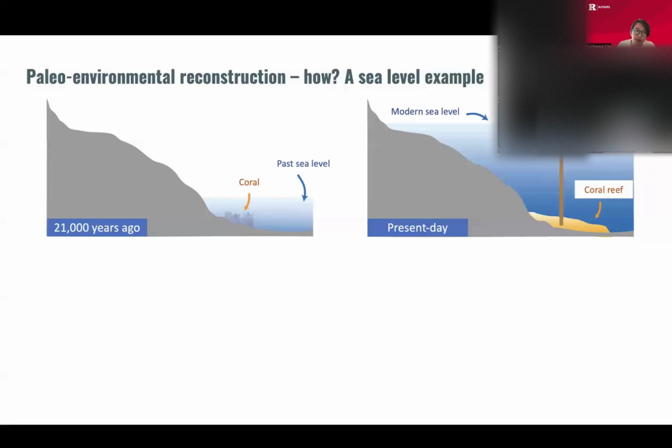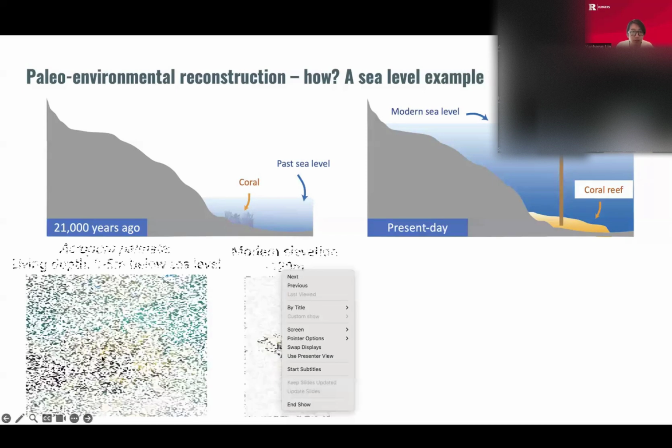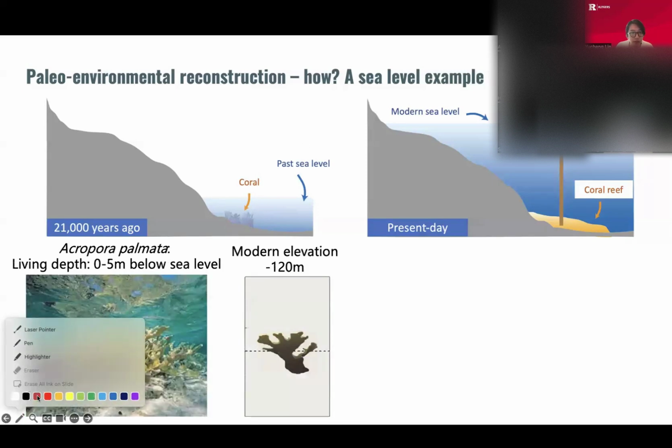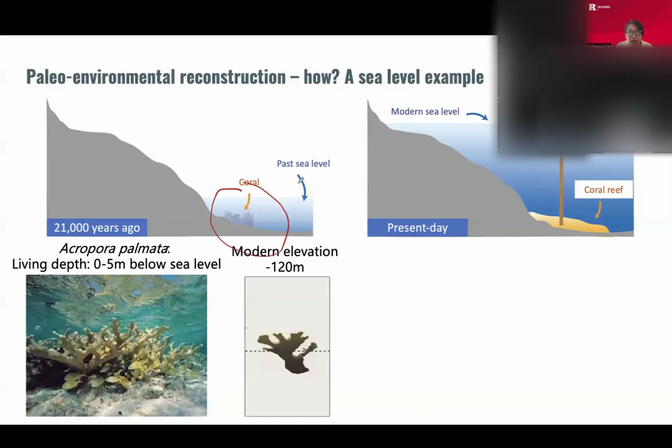You see some coral reef living here, and when we move to present day, we see sea level rise due to ice melt, and this coral becomes a coral reef, which can tell us a little bit about past sea level. So if we want to understand past sea level, we need some deep ocean drilling. You see this boat here, you do some ocean drilling, you get some coral reef samples and get back to the lab.